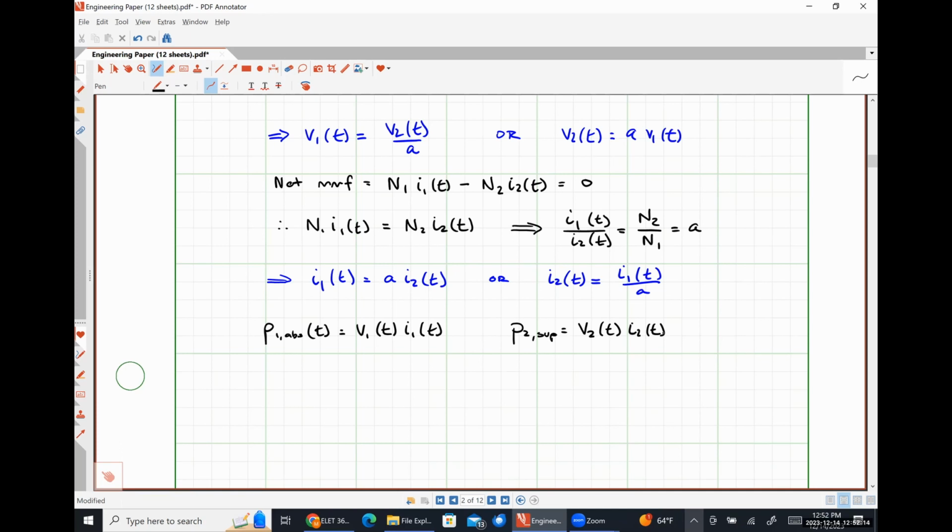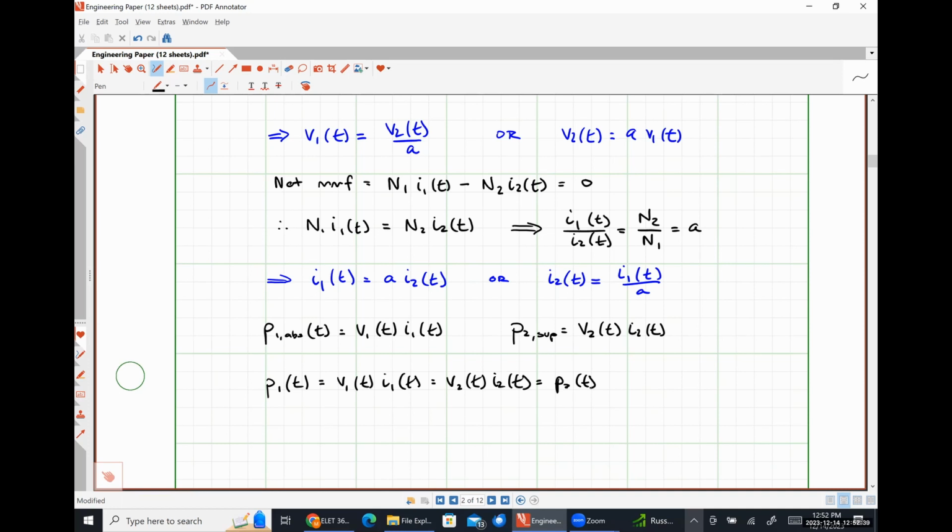So P1 will be equal to V1 times I1, which will be equal to V2 times I2, which is equal to P2 like so.